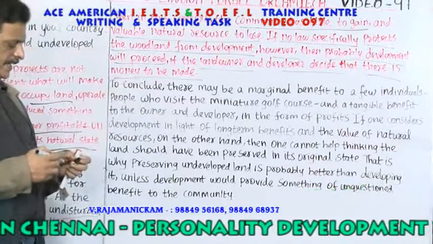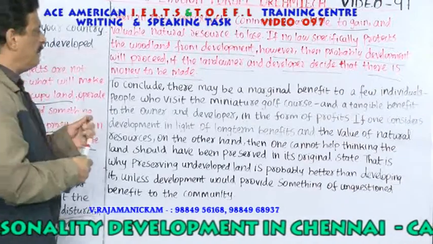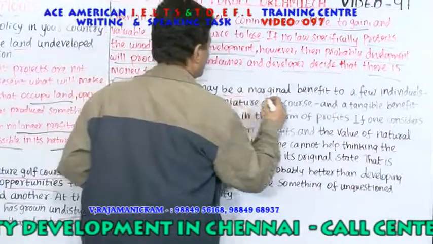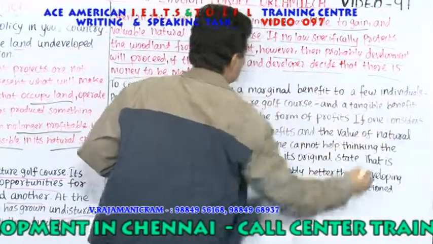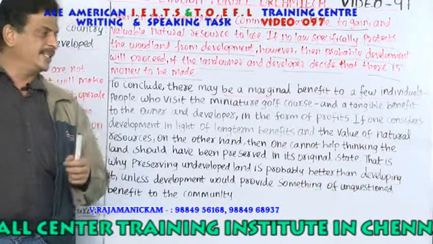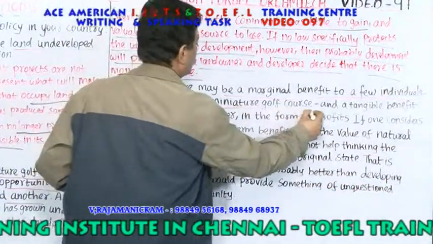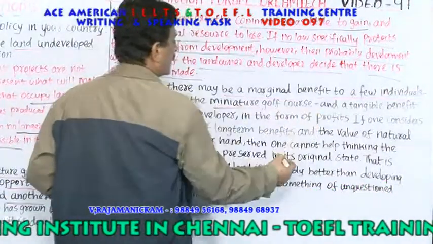Now coming to the final conclusion, he concludes by saying, to conclude, there may be marginal benefit to a few individuals. So cutting down the trees and building houses or factories may help certain individuals, the people who visit the miniature golf course, and there is a tangible benefit to the owner and developer.